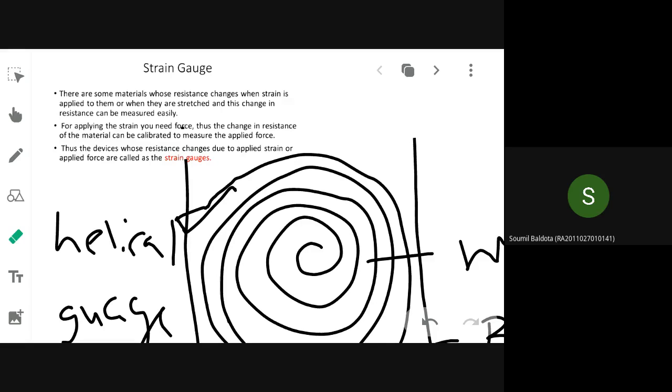So this is another classification. Electrical, non-electrical, active, passive, and then two more classifications are also there. Resistive, capacitive, inductive, depending upon what effect is being used to do that conversion. And apart from these, two more categorizations are the direct transducer and indirect transducer, and one more category, that is primary transducer and secondary transducer.